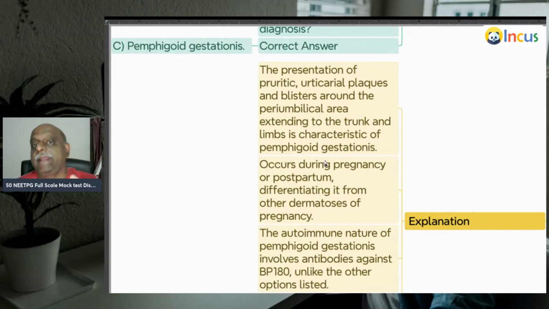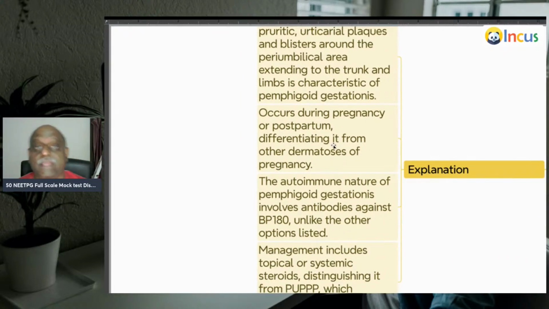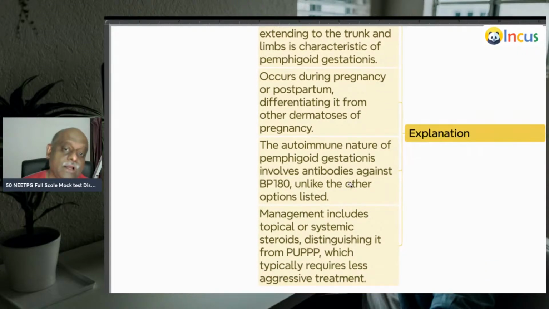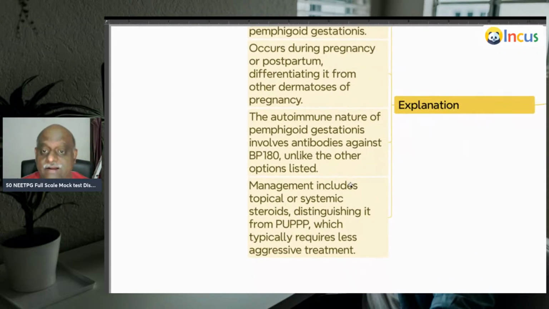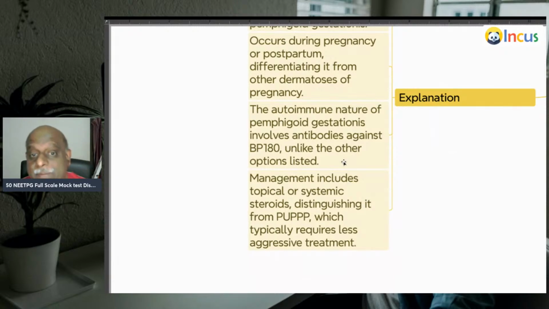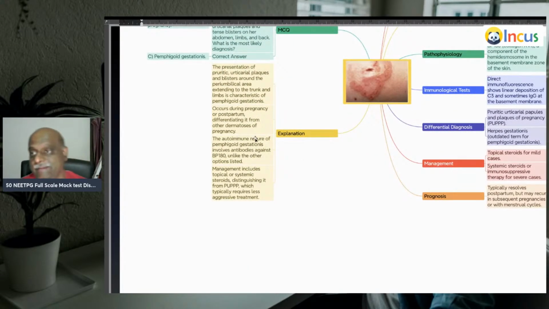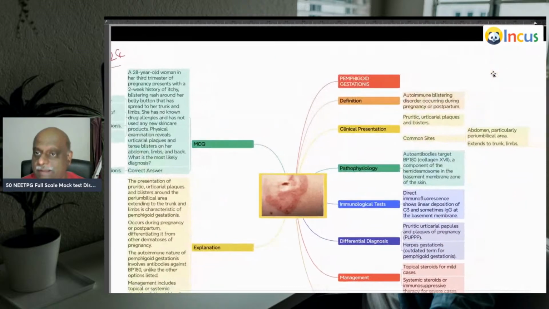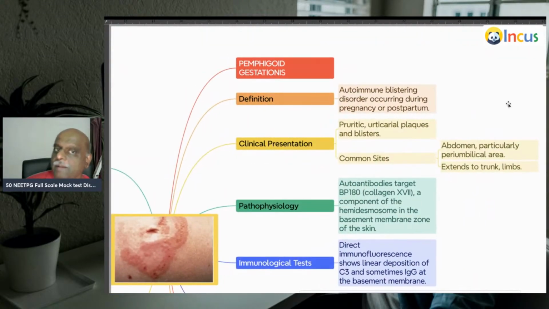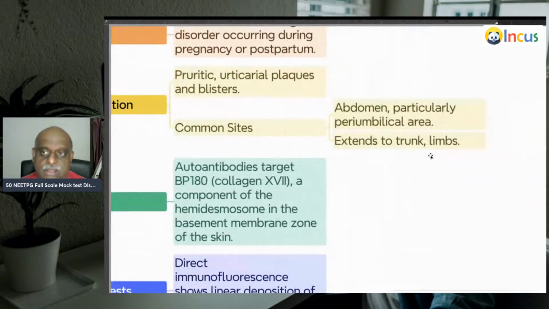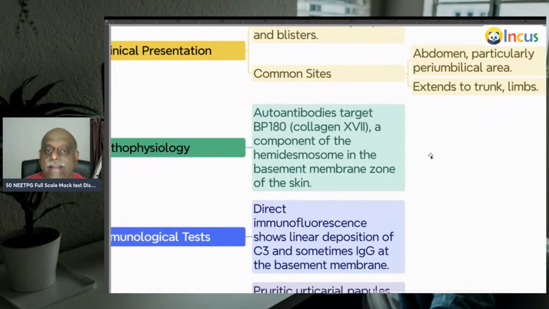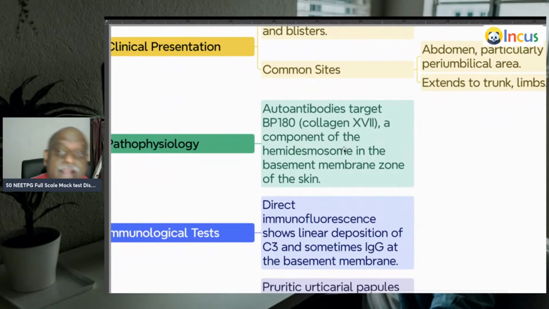Periumbilical area, blisters, plaques, pruritic is very characteristic. It occurs during pregnancy or postpartum. There is an autoimmune nature where there are antibodies against BP 180. BP 180 is what you need to remember. So, pemphigoid gestationalis: commonly abdomen, periumbilical area, autoantibodies against BP 180, which is collagen 17, the component of hemidesmosome.